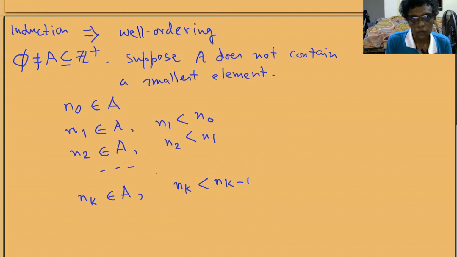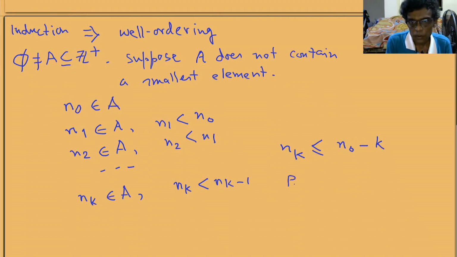Now by induction you show that nk is less than or equal to n0 minus k, because there are discrete jumps. n1 is at most n0 minus 1, n2 is at most n1 minus 1, that is n0 minus 2, and so on.